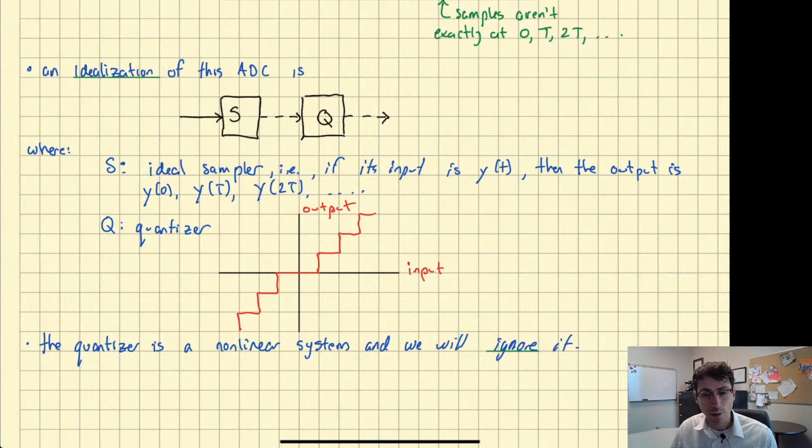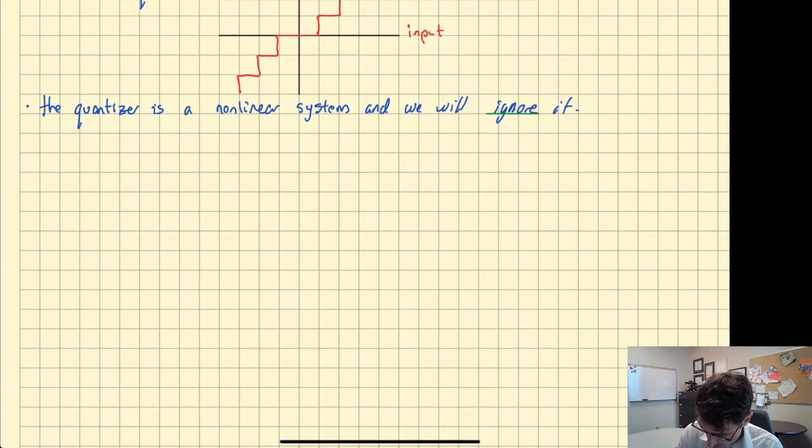Okay, we want to do the same sort of thing for the digital to analog converter. So for the DAC, the DAC does the opposite, as we saw last week.